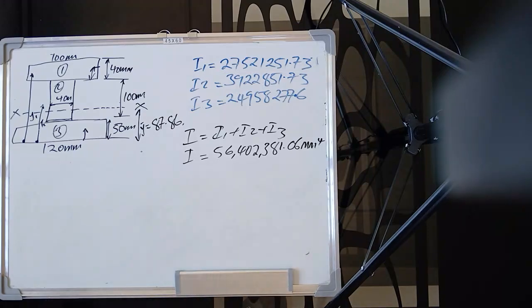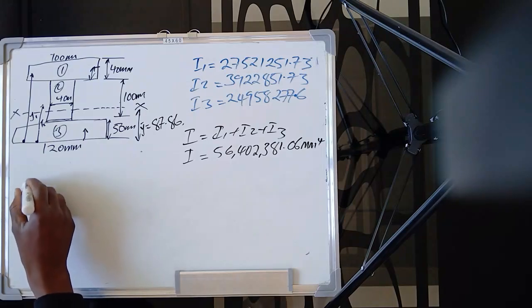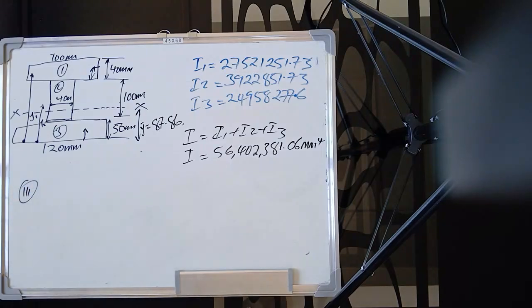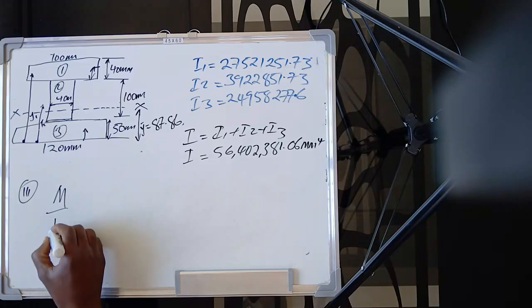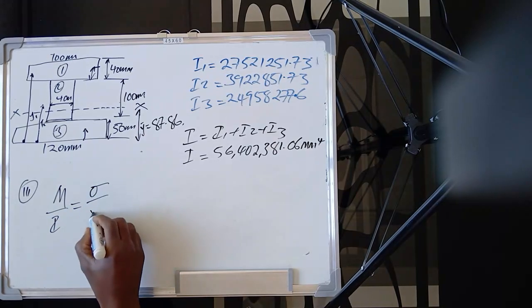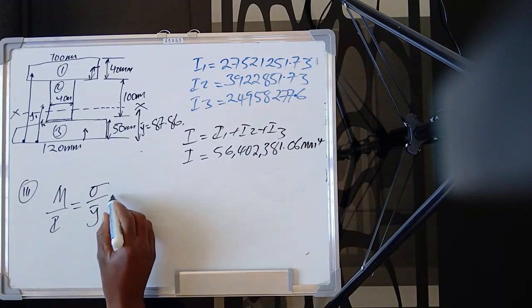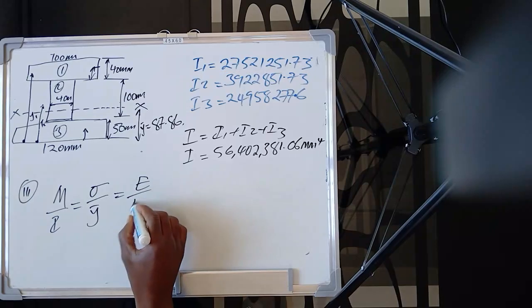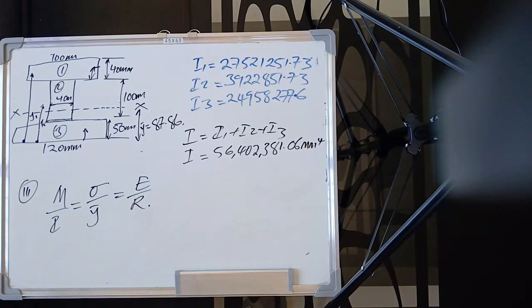Then question 3, they asked us to find the maximum bending stress. So remember, our principal equation was M over I is equal to stress over neutral axis is equal to E over radius of curvature. This is the equation that we started with, and we said that it's one of the most important equations under this topic.